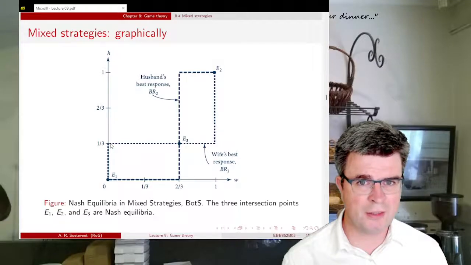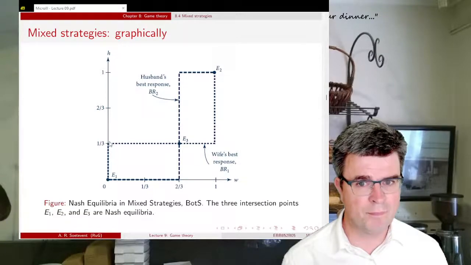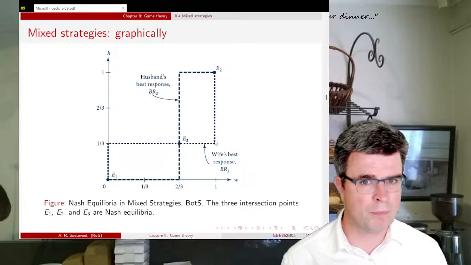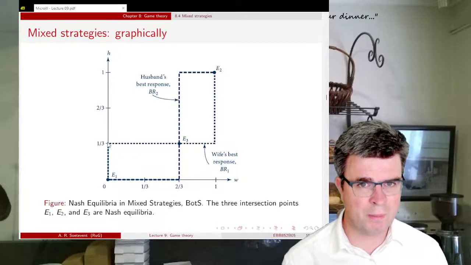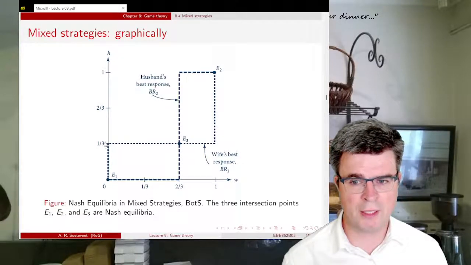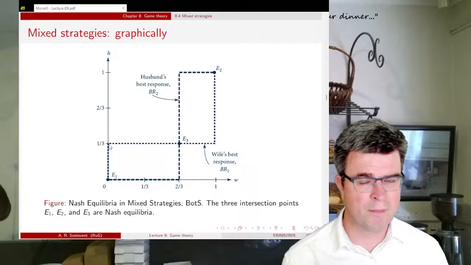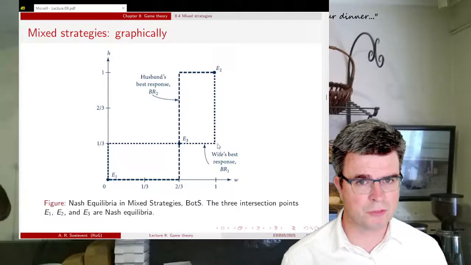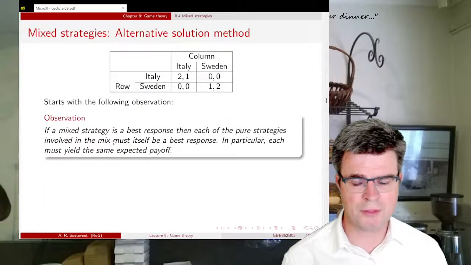This implies that he's indifferent between choosing Italy for sure, Sweden for sure, or any combination of the two. And because he's indifferent, his expected utility of playing Italy for sure and Sweden for sure against a column player who mixes with probability 1/3 must be the same for each of these two strategies. And we're going to utilize that.